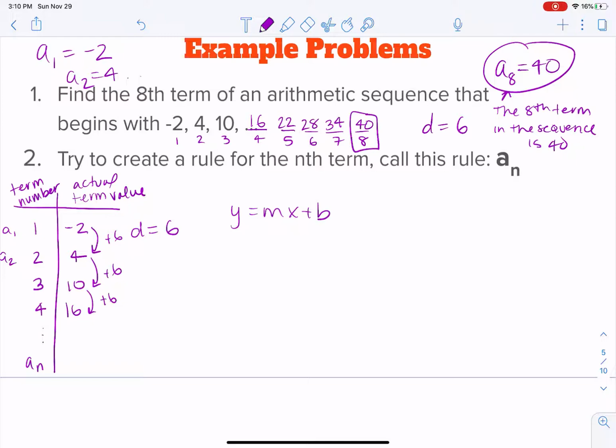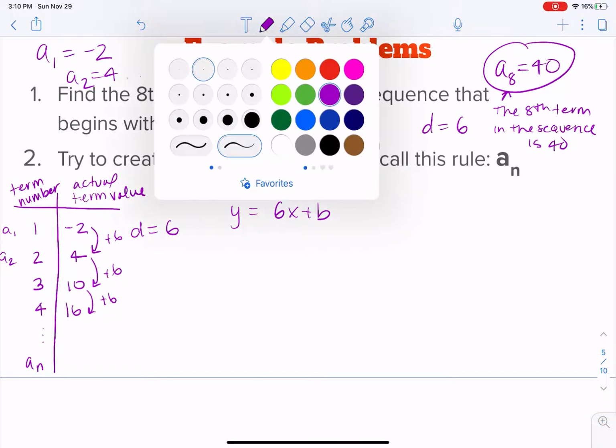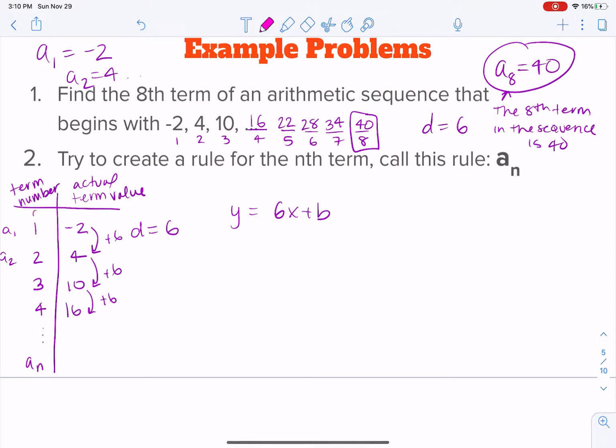My m would be my slope, which would be 6. And my b value, my y-intercept, would be my 0 term, or a sub 0, if I were to go the opposite way. And my term value would be -8. So I can come back to my purple color here, and I have -8.